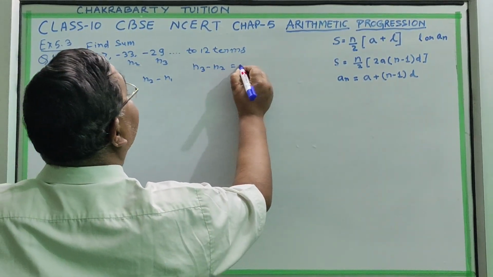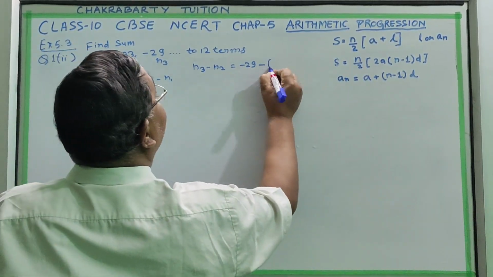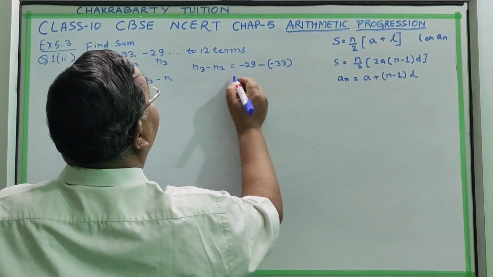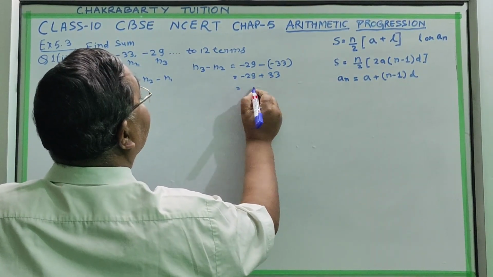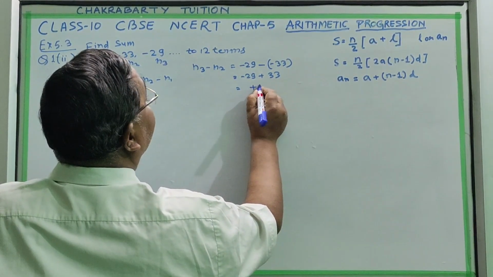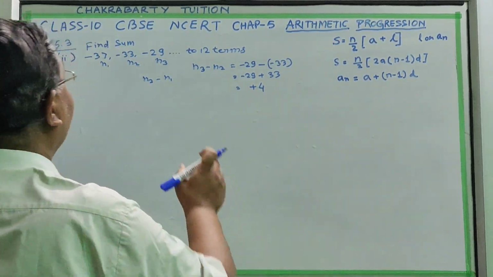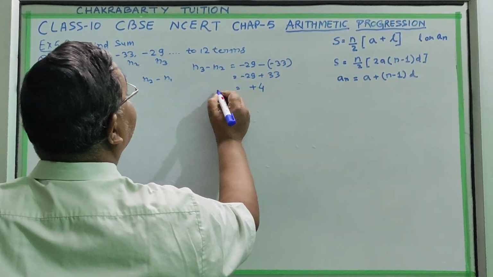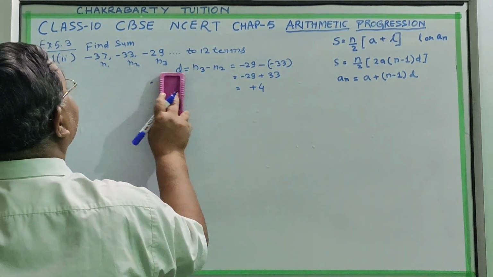Taking the third term, we do minus 29 minus (minus 33), so minus 29 plus 33 is equal to plus 4. So d is 4. You have found d.